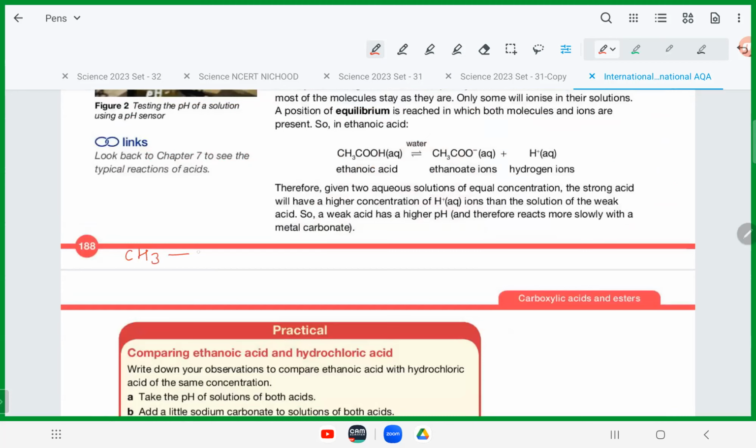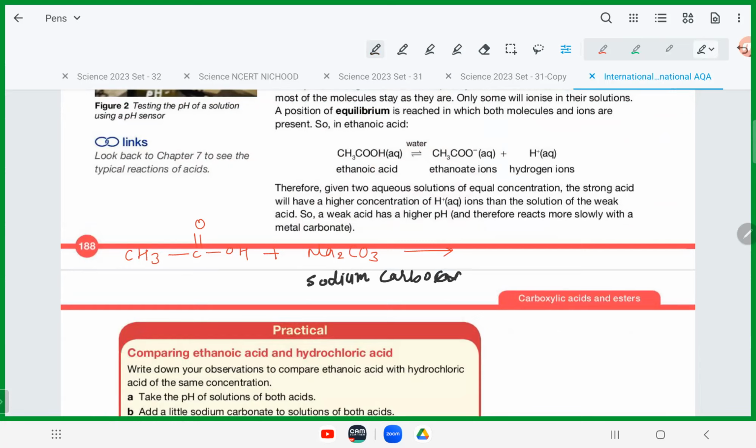CH3, C double bond O, here is the OH. Now we have another compound, Na2CO3. If you know this compound, it is called sodium carbonate.